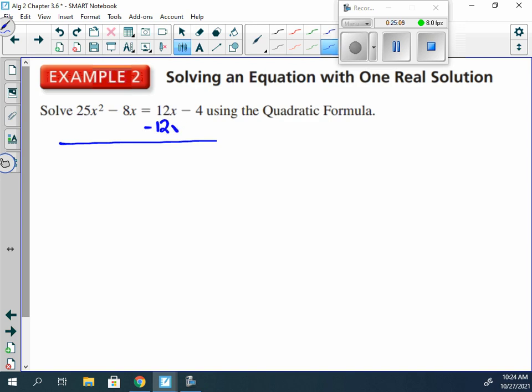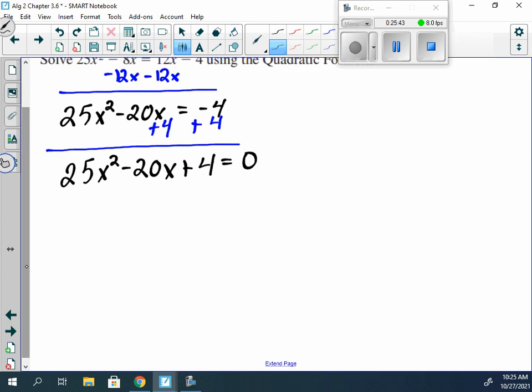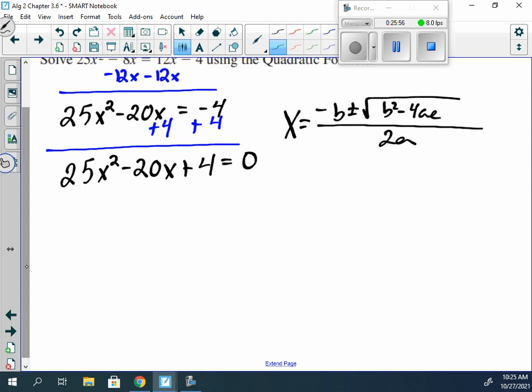What we can do is subtract from both sides, which will tell us 25x squared minus 20x is equal to negative 4, and then we can add 4 to both sides, telling us that 25x squared minus 20x plus 4 is equal to 0. We want to get everything on the same side.